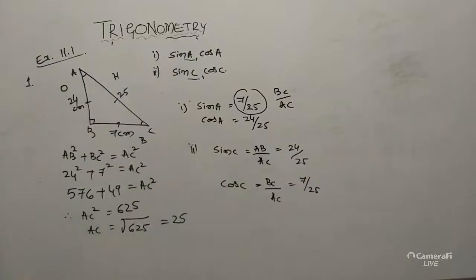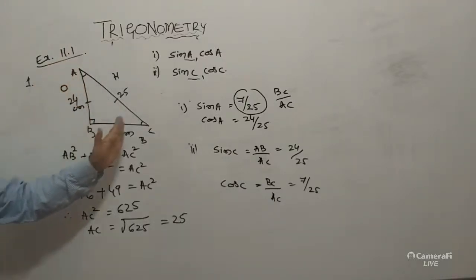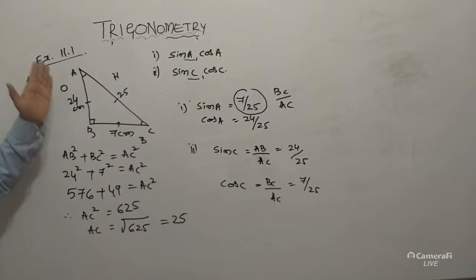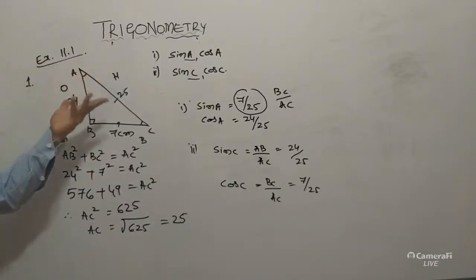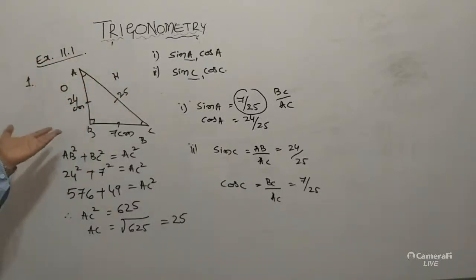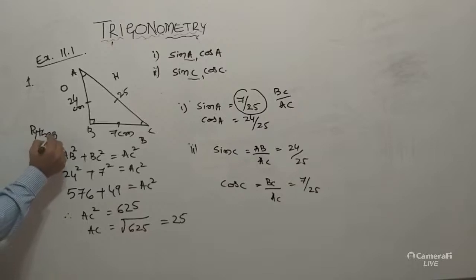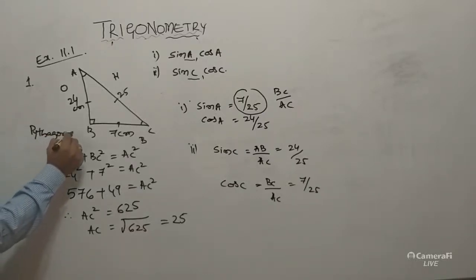Children, this is the way to calculate the trigonometric ratios of sine, cos, or any of the 6 trigonometric ratios. The first thing is, you must understand which sides of the triangle are given. If any two sides are given, whether hypotenuse, opposite or base, then using Pythagoras, which is very important, you can find the third side.